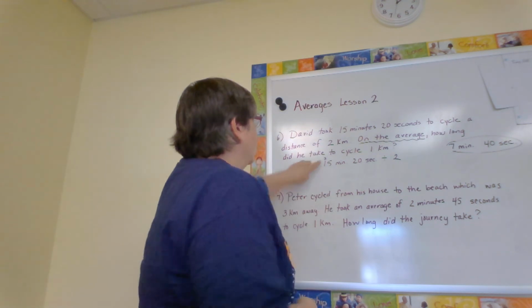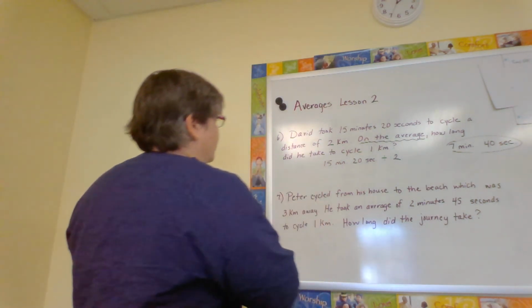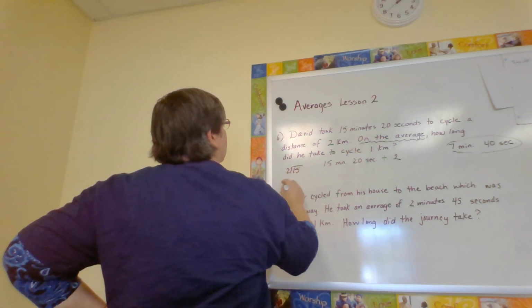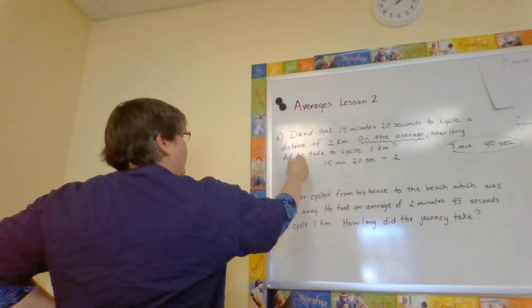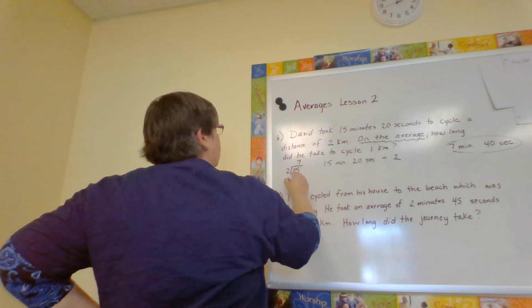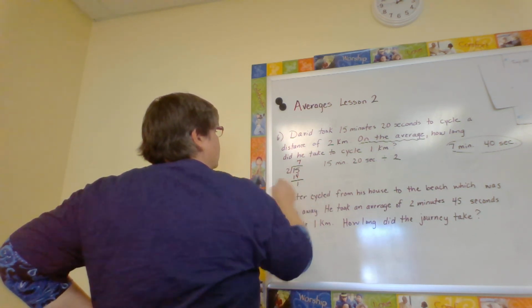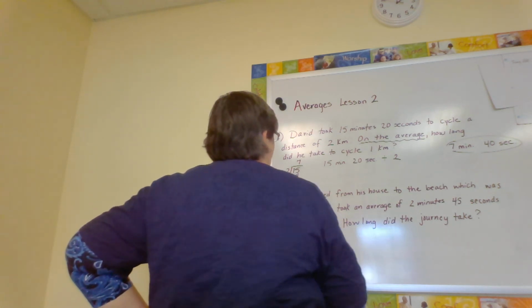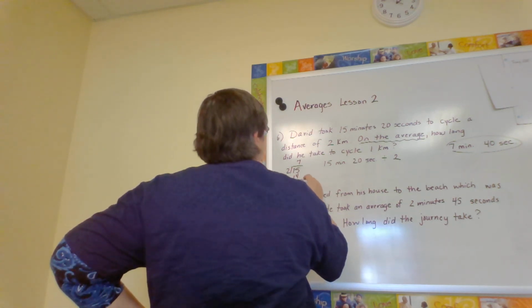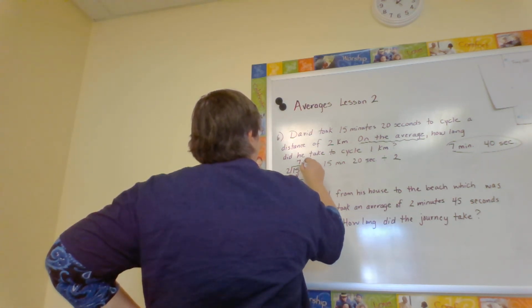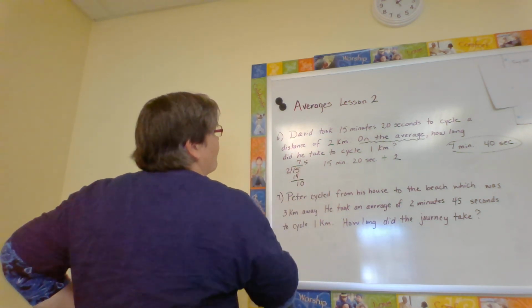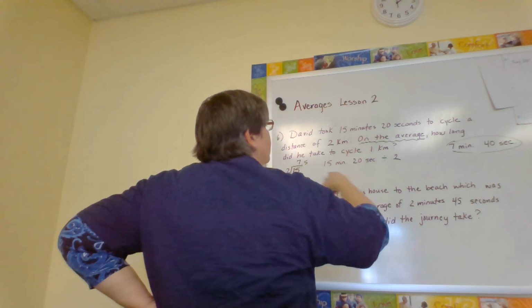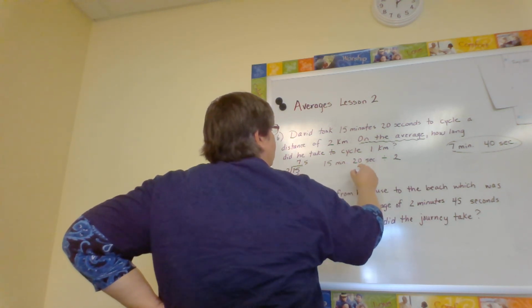You could have said 15 divided by 2. So 2 into 15 is 7, and you would have gotten 7 minutes, or actually 0.5. Then you would have had to say 2 into 20, which would have been 10 seconds.